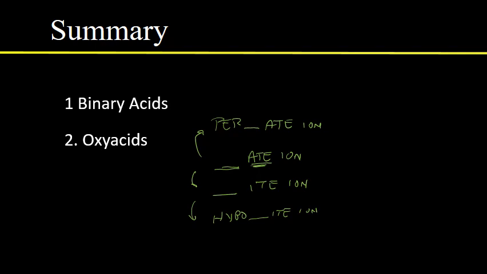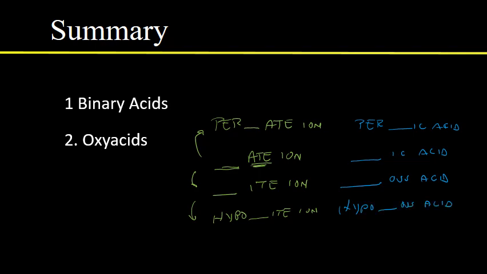And the corresponding names for these acids are per-ic acid, ic acid, ous acid, and hypo-ous acid.